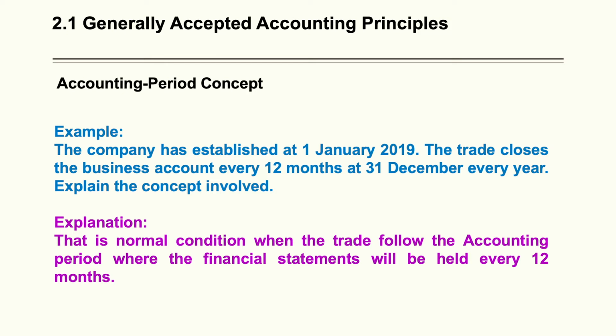So for example, the company was established on 1st of January 2019. The trade closes the business accounts every 12 months at 31st of December every year. So explain the concept involved. And I think based on the example, it's clear cut that it is a very normal condition when the trade follows the accounting period where the financial statement will be held every 12 months.